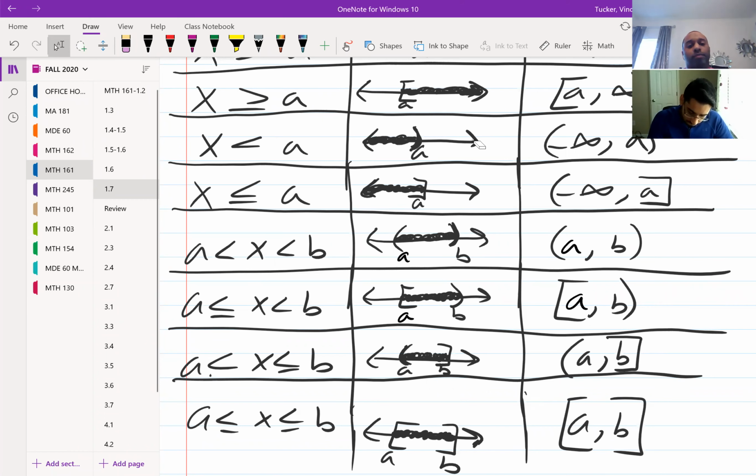The second one, bracket will be over the a, parentheses over b. That third one, parentheses over a, bracket over b, and then that final one, brackets over both. And then in your interval notation, that same symbolism will be reflected. You're going from a to b, a comma b, then we're using parentheses, parentheses, bracket, and then bracket.